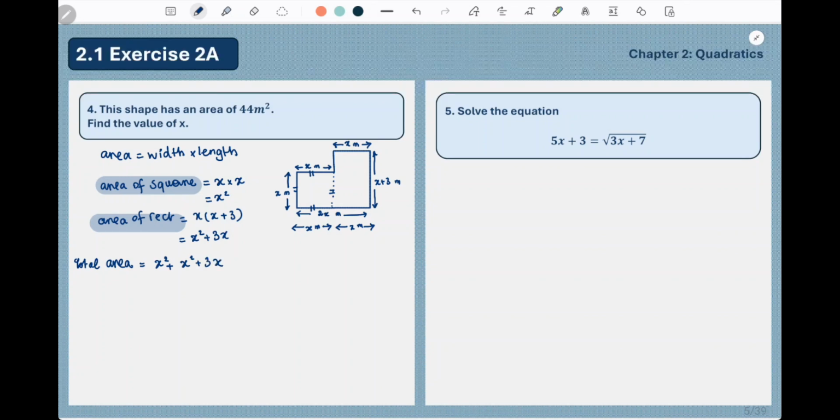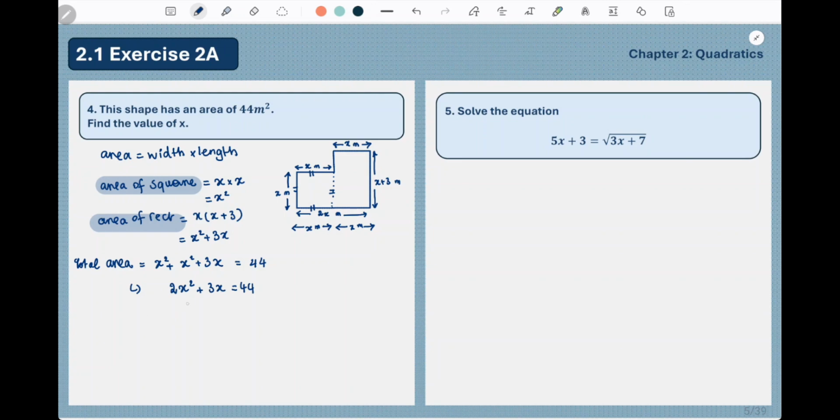And that would be equal to 44, because this shape has an area of 44 meters squared. So we found it in terms of x, and we already know that it is 44 meters squared. I'm going to go from here and simplify. So it's going to be 2x squared plus 3x equal to 44.